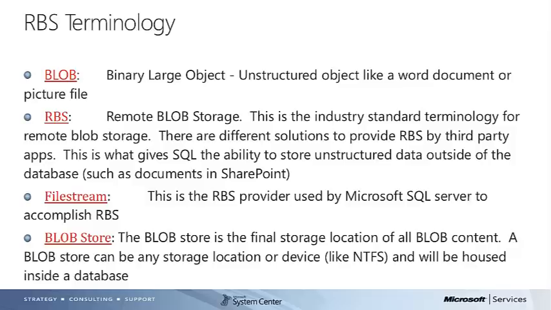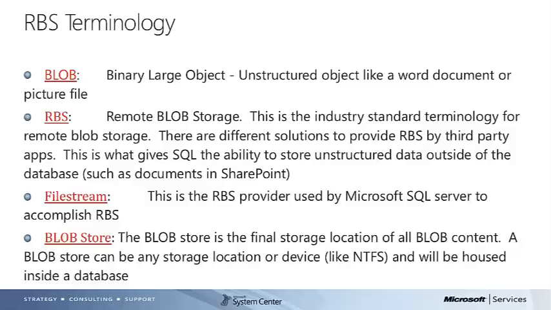First off, you've got your blob, which is a binary large object. This is basically an unstructured item that is put into a SQL database. So you could pick like a JPEG or a Word doc, something like that, that is then stored in a SQL database.